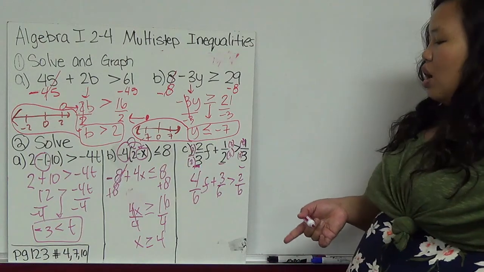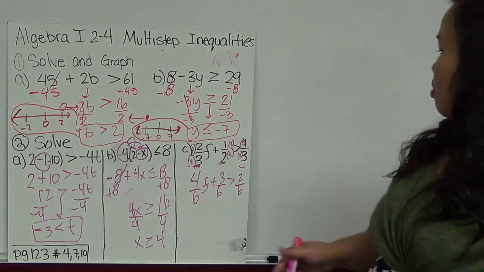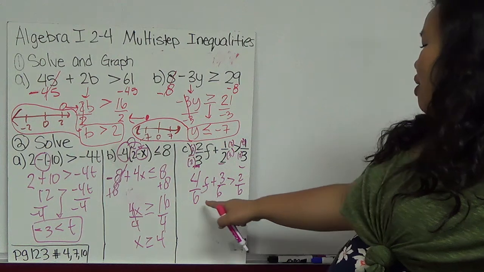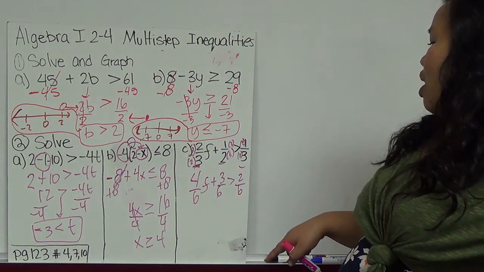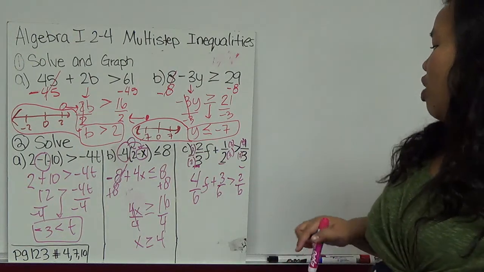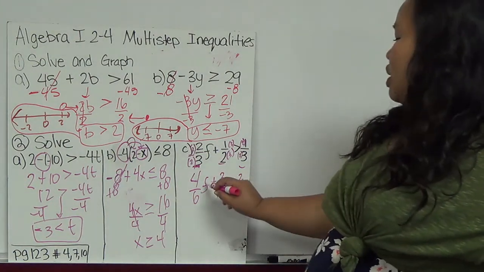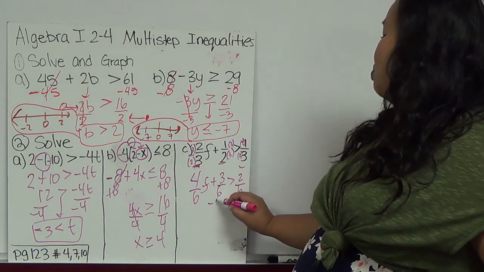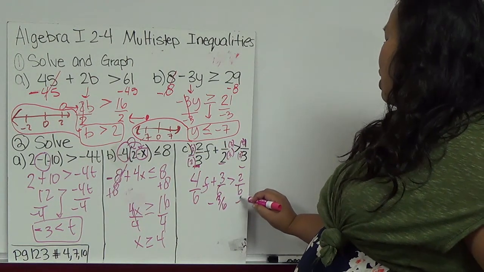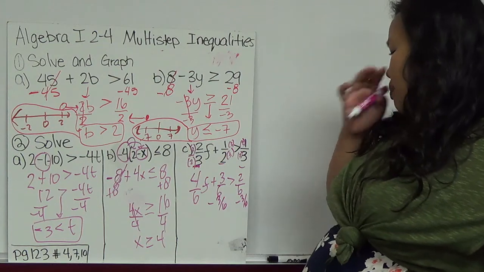Now that I have like terms, I can go ahead and add and subtract where I want. So in this case, the furthest thing from my variable f is 3 over 6. So I'm going to subtract 3 over 6 from both sides. Okay?